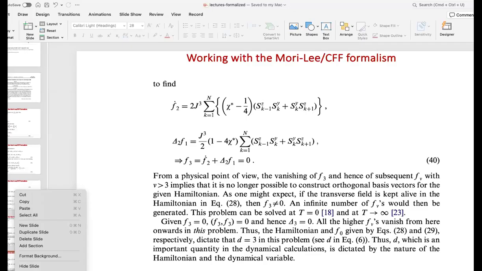Okay. If we have 3 nearest neighbors, so suppose you have a spin in a honeycomb lattice. So like this. 3 neighbors. So for this system, Q would be 3, and therefore dimension would be 4.